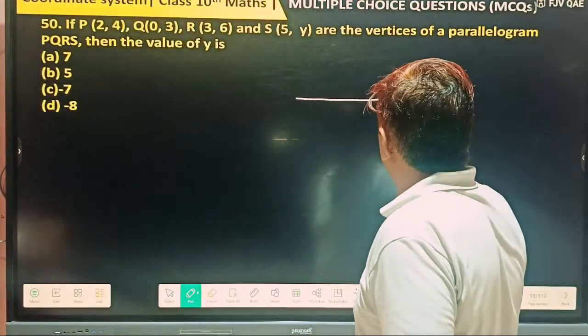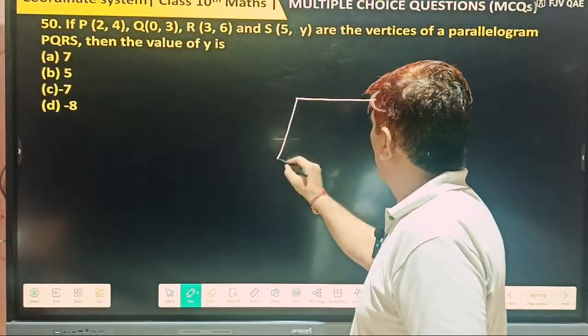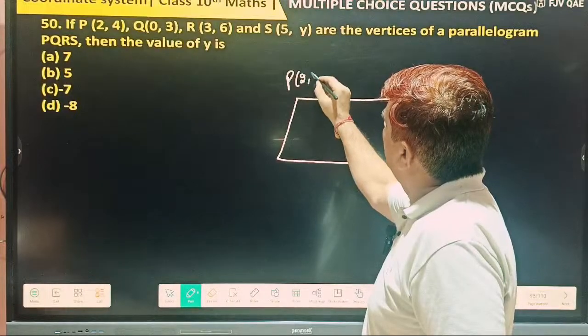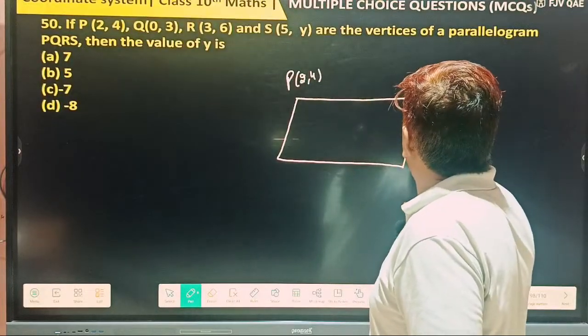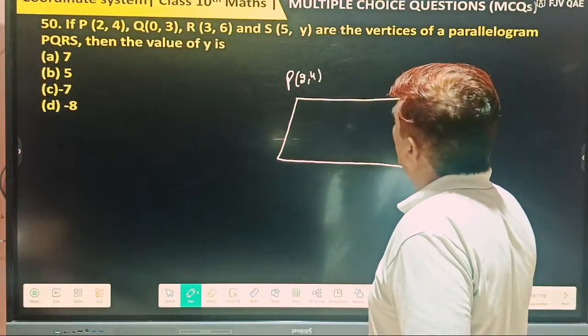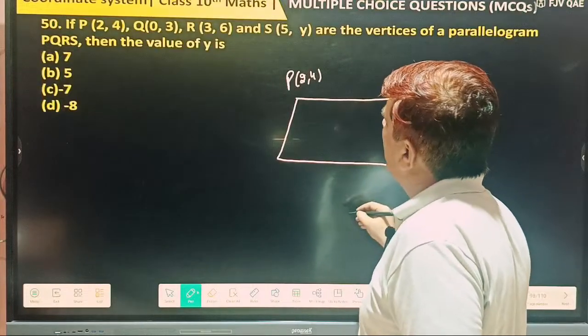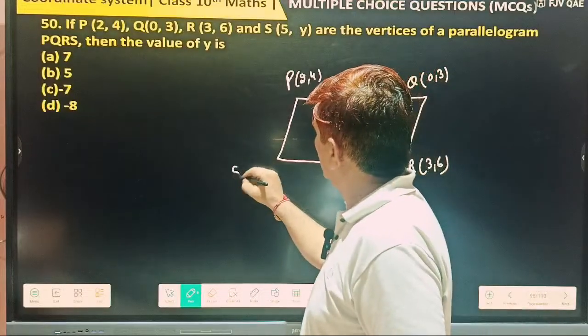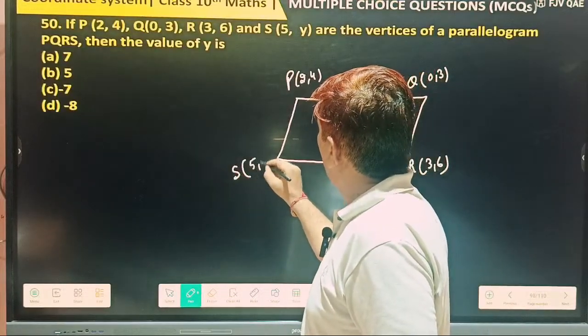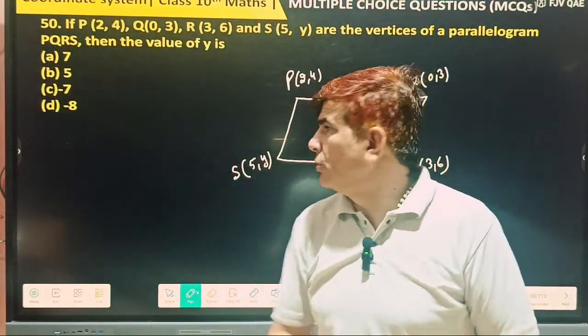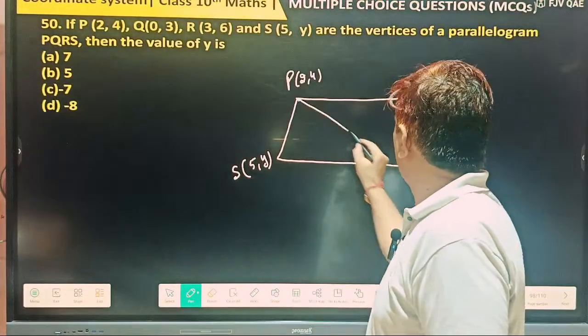PQRS is a parallelogram. P, Q, R, S, 5 and y. Same process which I told you. First find out this.